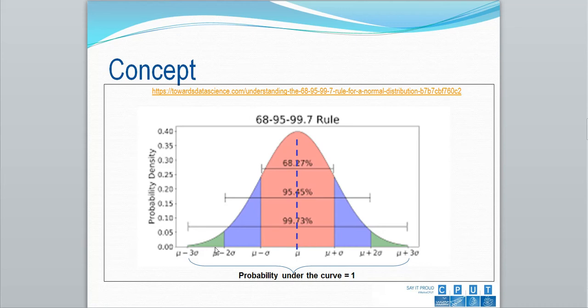And between -3 and +3 standard deviation, 99.73% of data lies in that area. So under the entire area of the curve, we've got 100%. To be exact, it's 99.73%, and the other 0.27% are the outliers. So in other words, we can say that under the entire curve, probability is equivalent to 1.